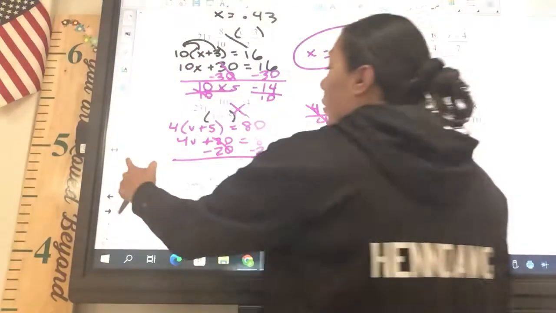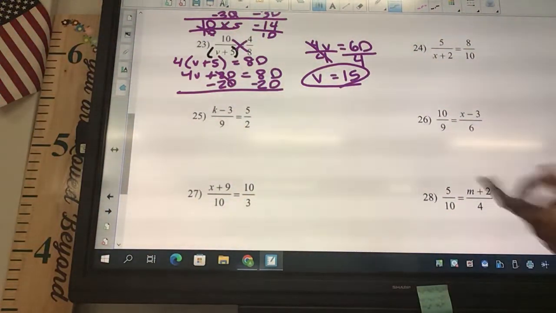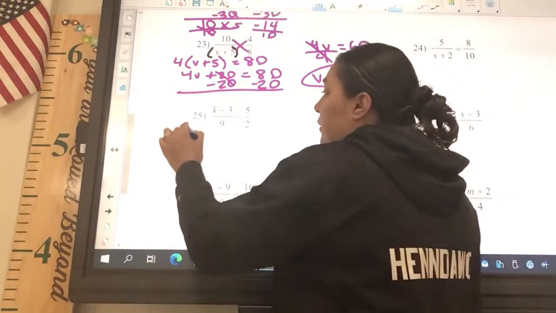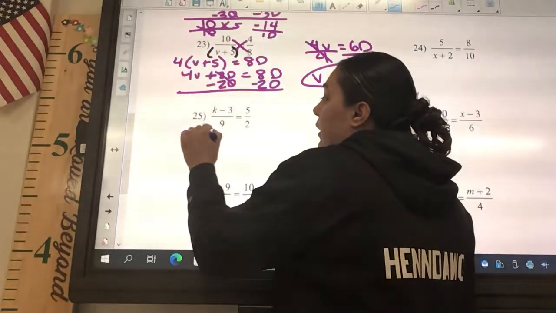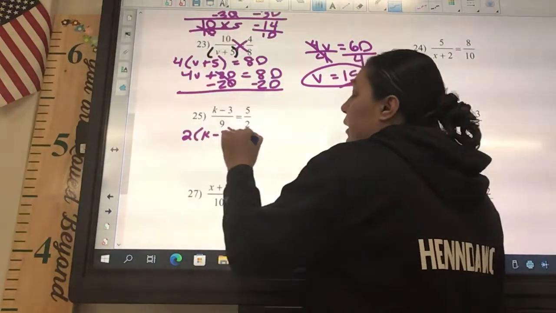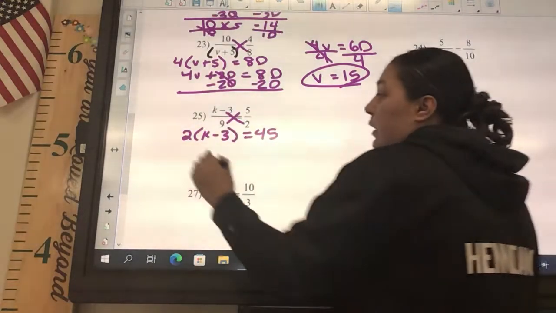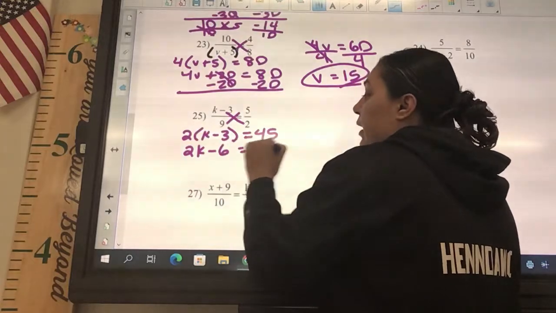Okay, I'm going to do one more. Maybe stop, pause the video, and make sure that you try to solve this one on your own, and then you can push play and make sure you did it right. So, pause it for real. So you got 2k minus 3 equals 45. Okay, we cross multiply. So you get 2k minus 6 equals 45.